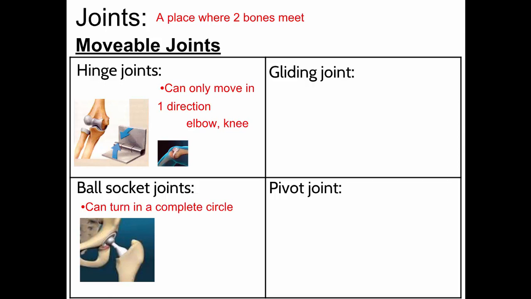The ball and socket joints are joints that can move in a wider range of motion. They can move in several planes of direction. So examples are the shoulder joint and the hip joint, and if we look at the skeleton, the top of these bones looks kind of like a ball, and it fits into a cup-shaped socket.